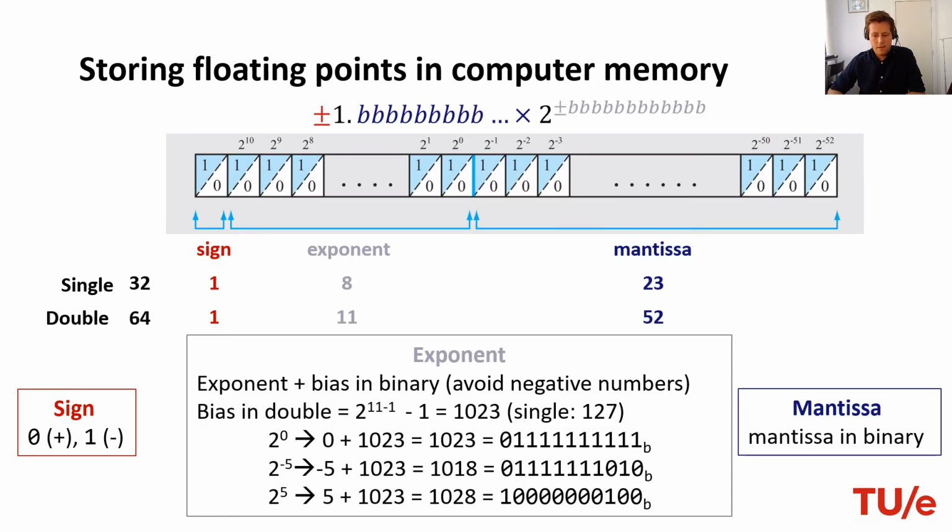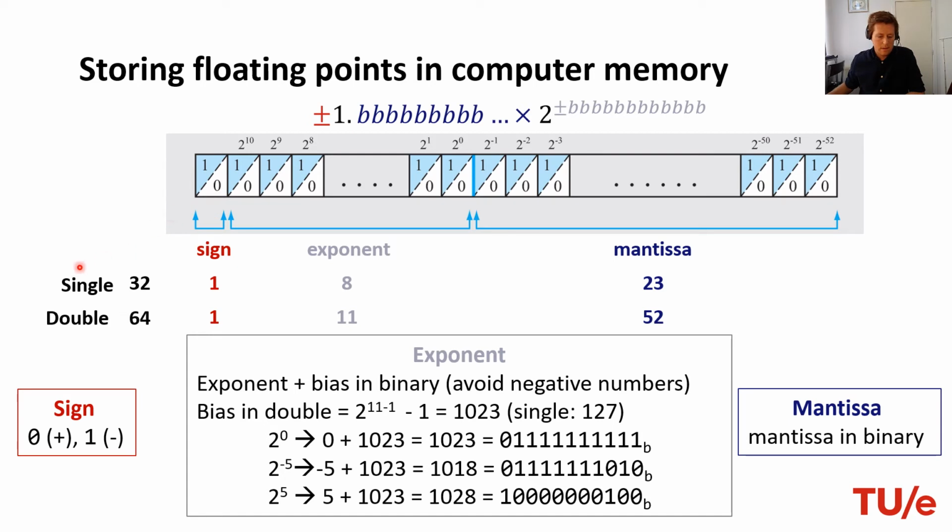So let's take a look at how this is actually done in practice then. So this binary floating point representation has to be converted to a large string of bits.